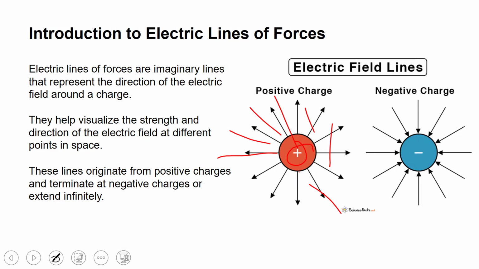So from here, ladies and gentlemen, by looking at this, we can say that the electrical lines of forces look like this because positive and positive repel each other according to the electrostatic law.